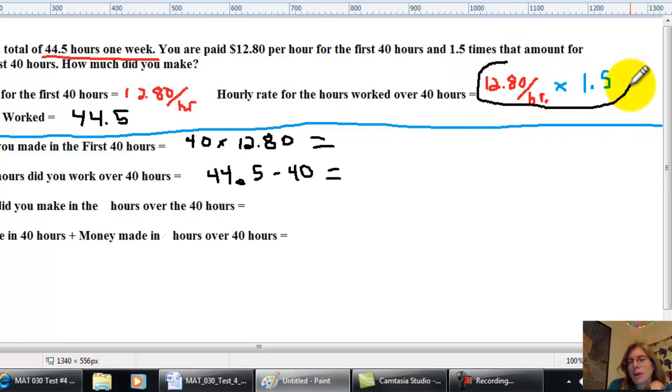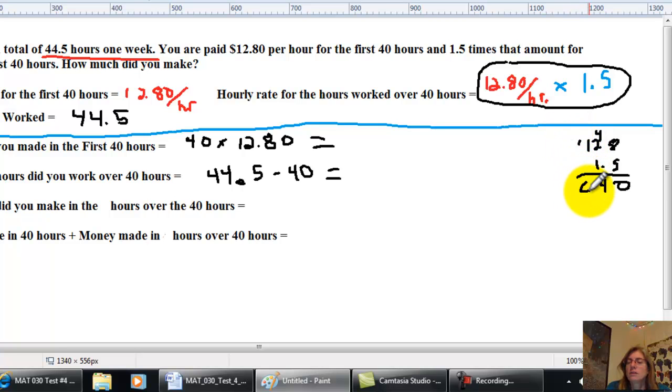Let's calculate this rate. It's going to be 12.8 times 1.5. 8 times 5 is 40. Carry your 4. 5 times 2 is 10, plus that 4 is 14. And carry your 1. So 5 times 1 is 5, plus the 1 is 6.